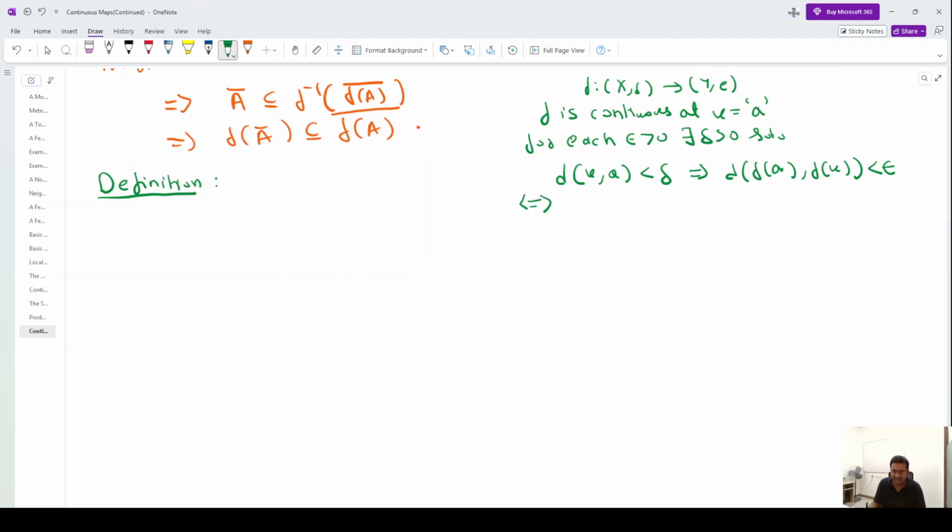In other words, I'm just rewriting this condition: if x belongs to the ball centered at a of radius delta with respect to the metric d, then f(x) is in the ball in metric e.